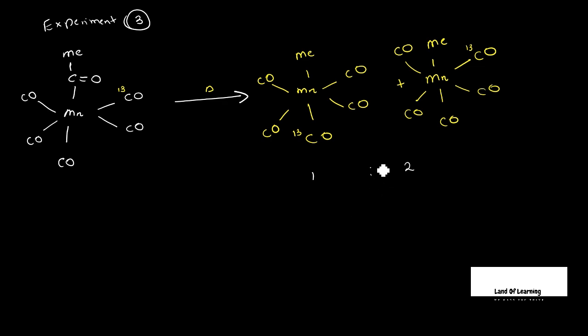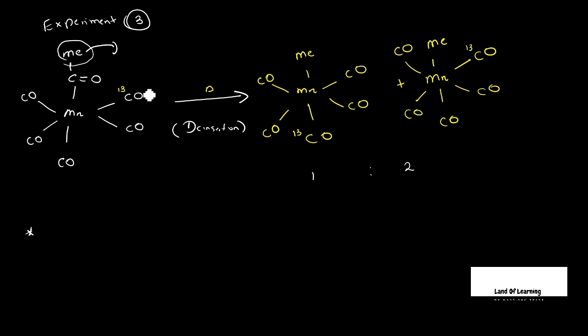In this deinsertion type reaction, the methyl group here has to leave by breaking this bond, and then it has to repel one of the carbonyls from our metal center. That's the information they gathered from this particular reaction.